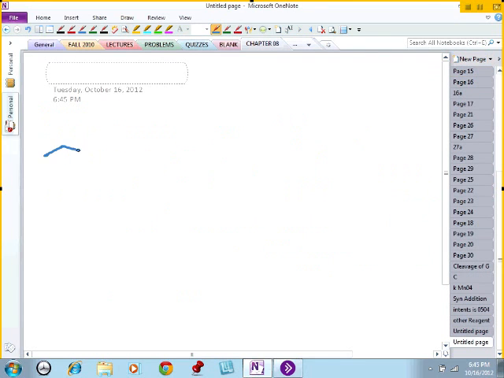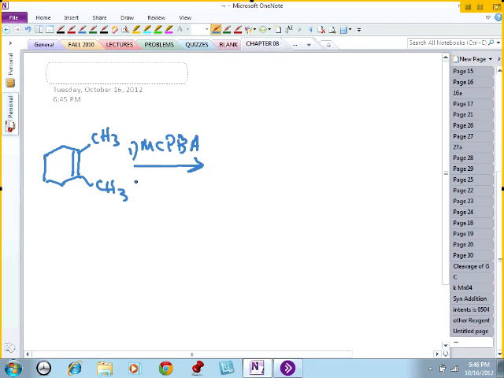Okay, so therefore, if you have this, we have M-chloroperbenzoic acid, step 1. Now, if you just want to go directly to the diol, if you do not want to stop at the epoxide stage, you could simply combine the two, the MCPBA followed by hydronium ion.